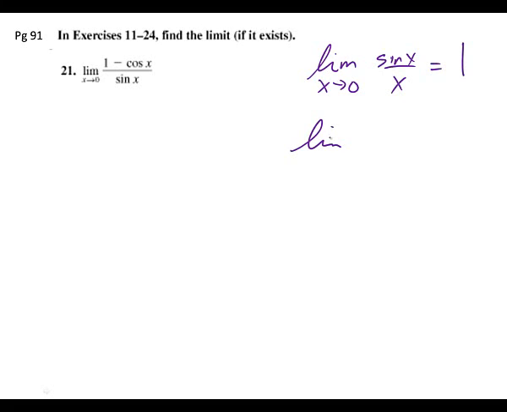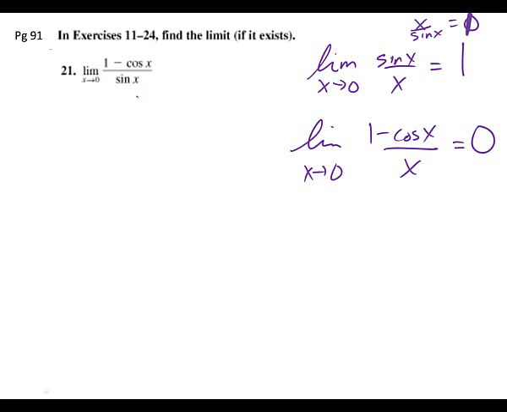Good. Then there was another one that we use more: 1 minus cosine x over x, and that one equals 0. And we learned on this one that it didn't matter if it was on top or on the bottom, so you could have this, and it also equals not 0, but 1.